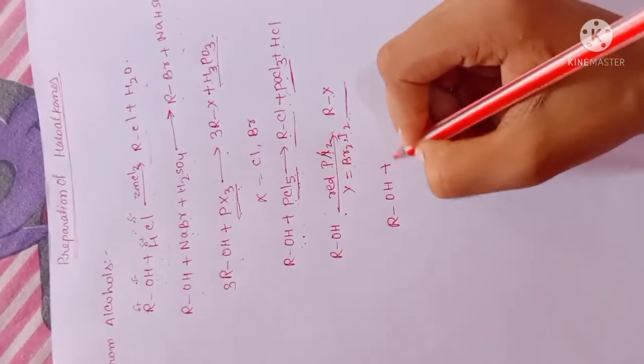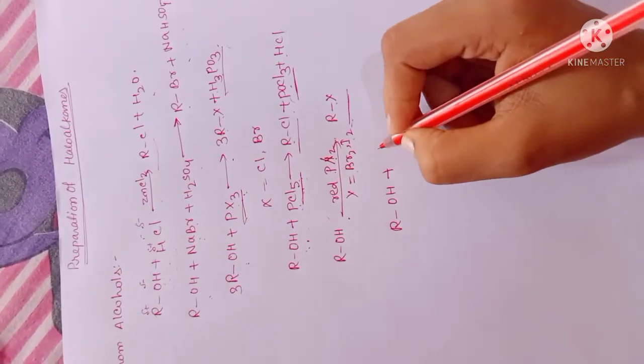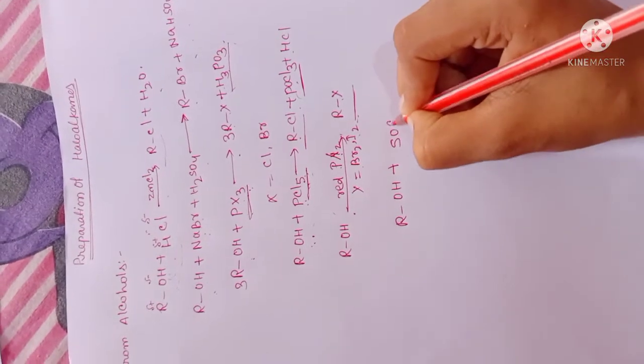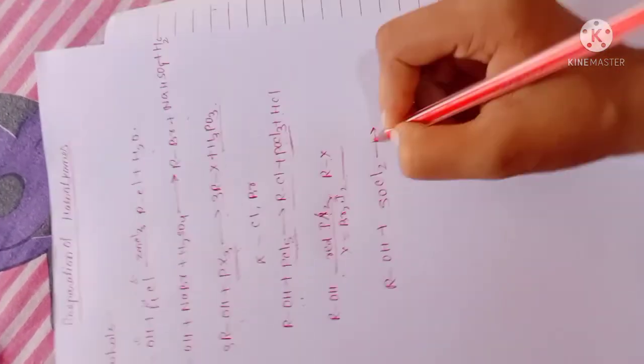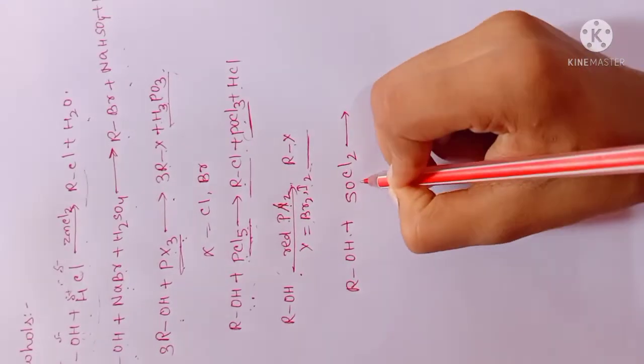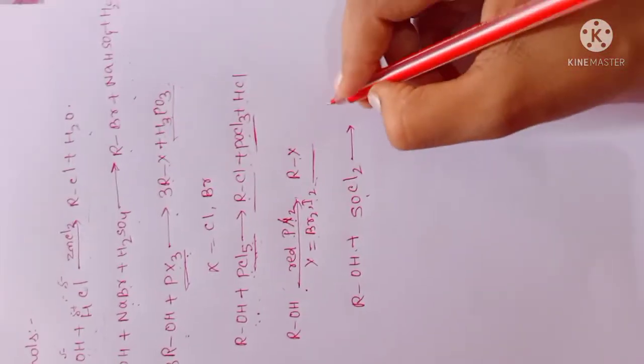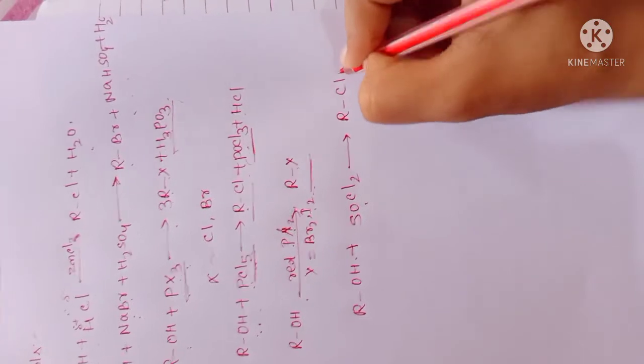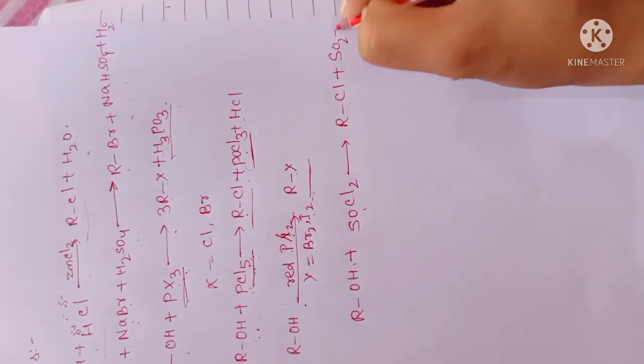Now let us read the sixth reaction, SOCl2. With this SOCl2 we get the product RCl plus SO2 plus HCl.